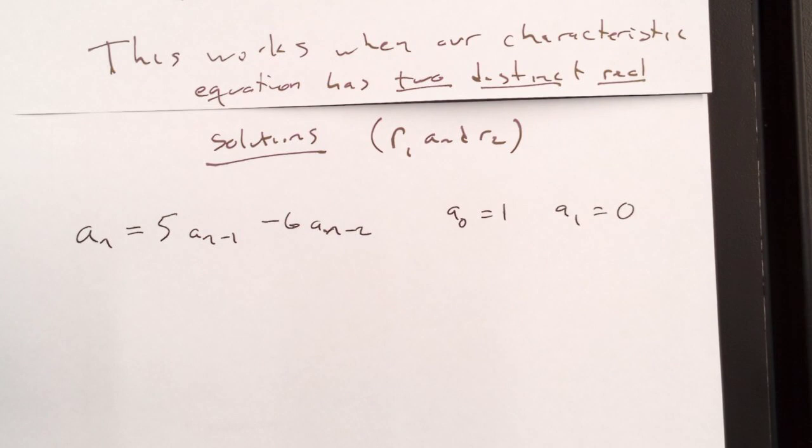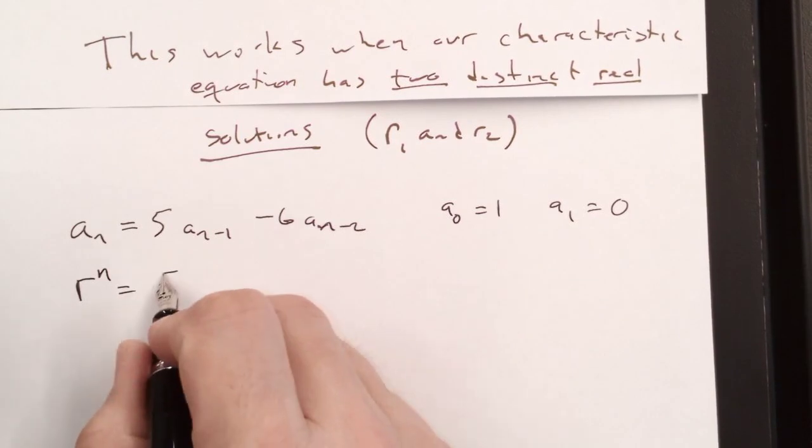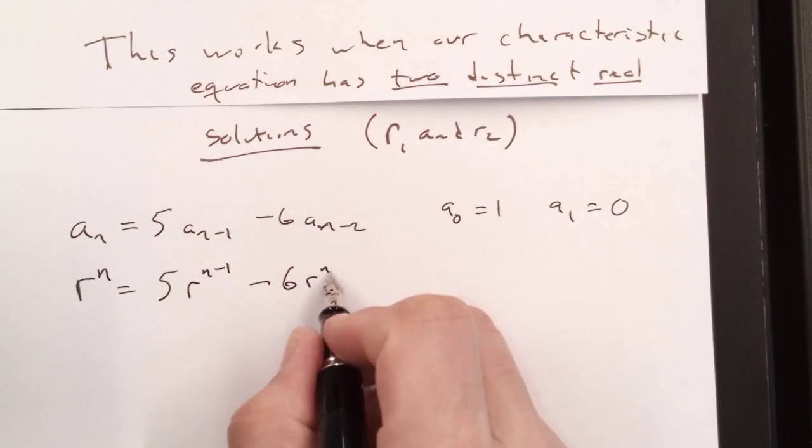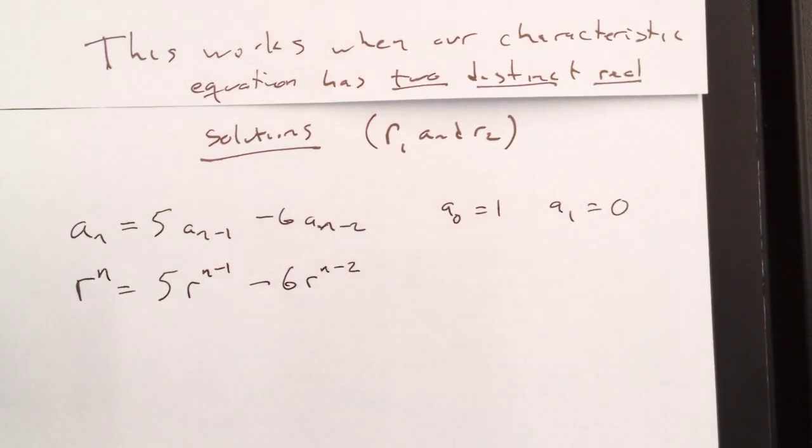Characteristic equation. What's the polynomial we end up with? Divide everything by r to the n minus 2.